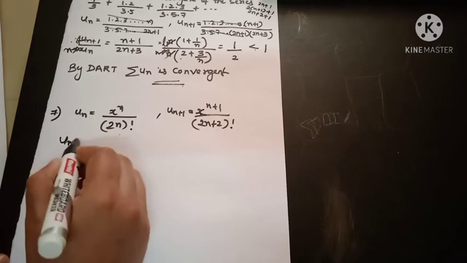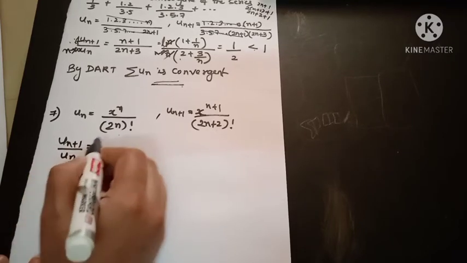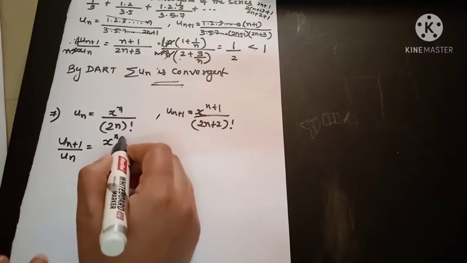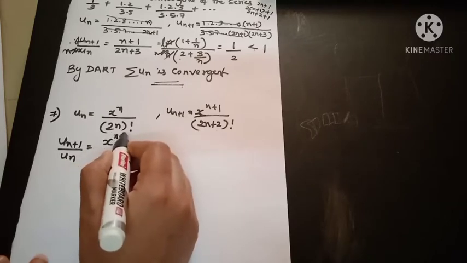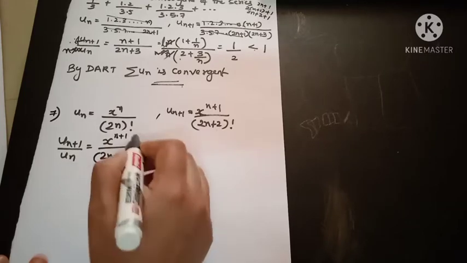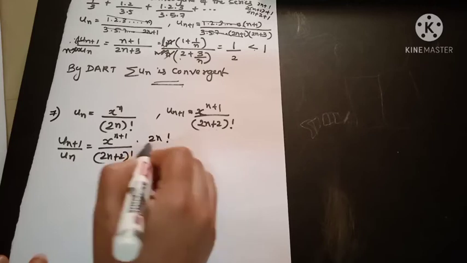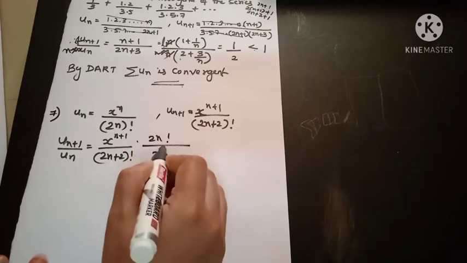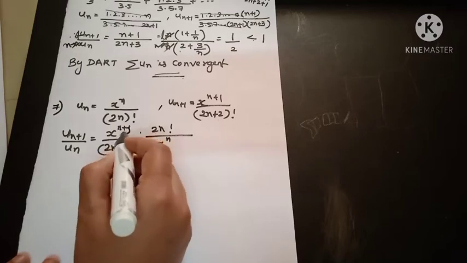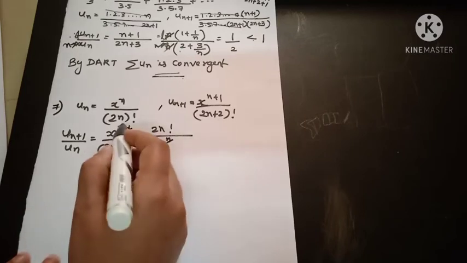So what is u(n+1) upon u(n)? This will be x to the power of n plus 1 divided by (2n plus 2) factorial, into 2n factorial divided by x to the power of n. So this will be x to the power of n into x, and x to the power of n cancels.